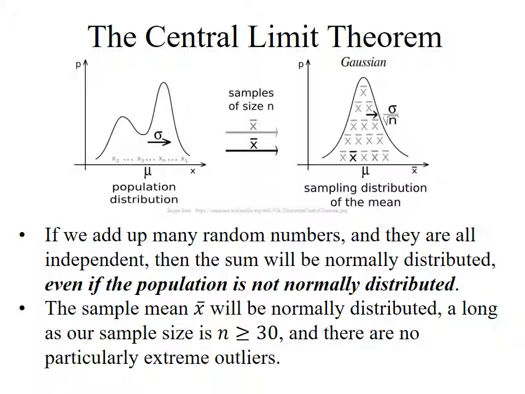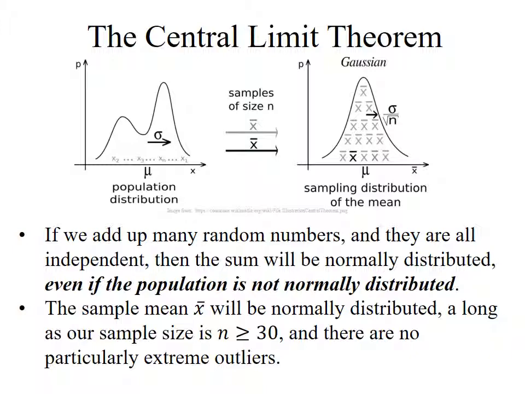I love this little graphic here where it says, okay, on the left, suppose you've got some population which is not normally distributed. In this case, we would call this a bimodal distribution. It has two peaks. So this is definitely not a bell curve. That's not a nice, simple, beautiful, lovely, normal distribution.